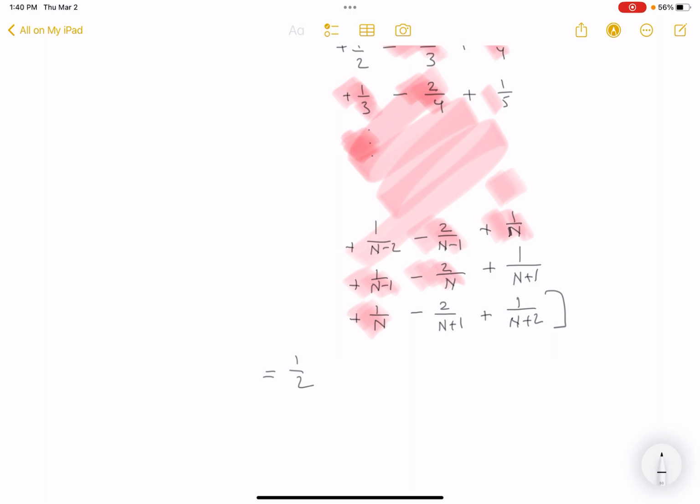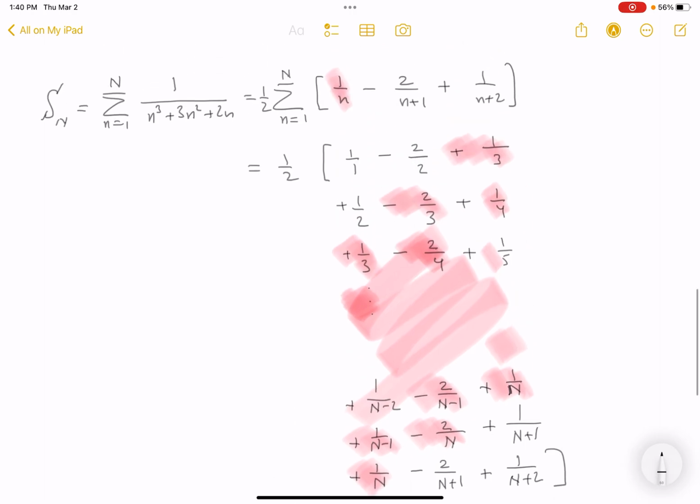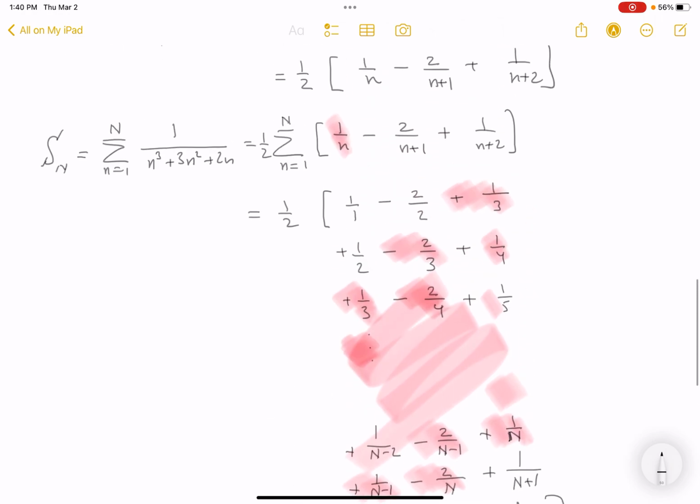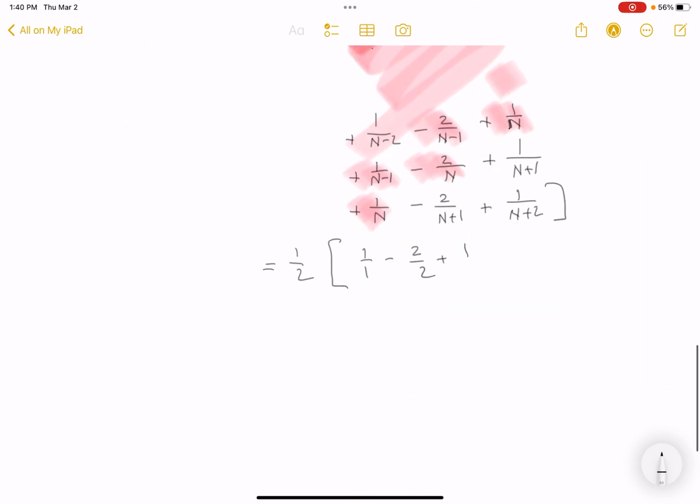Let me get rid of this. Parentheses. Let's be very careful. I see 1 over 1 minus 2 over 2. Again, I'm checking these guys off. I do see a half. And in the end, what do I see? Well, let's write this down. I see this. I see this.